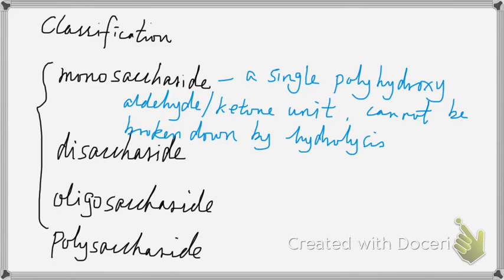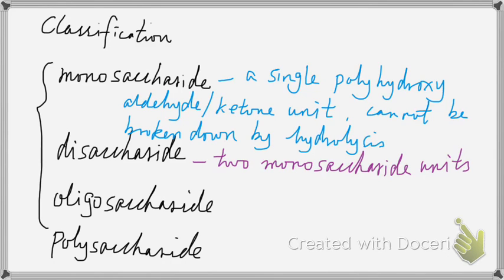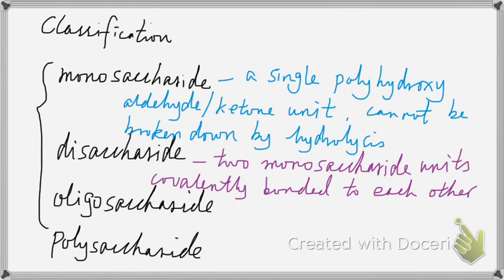For disaccharides, there are 2 monosaccharide units covalently bonded to each other. For example, sucrose is a disaccharide, and the sucrose is formed by 1 unit of glucose and 1 unit of fructose. There are 2 monosaccharide units.